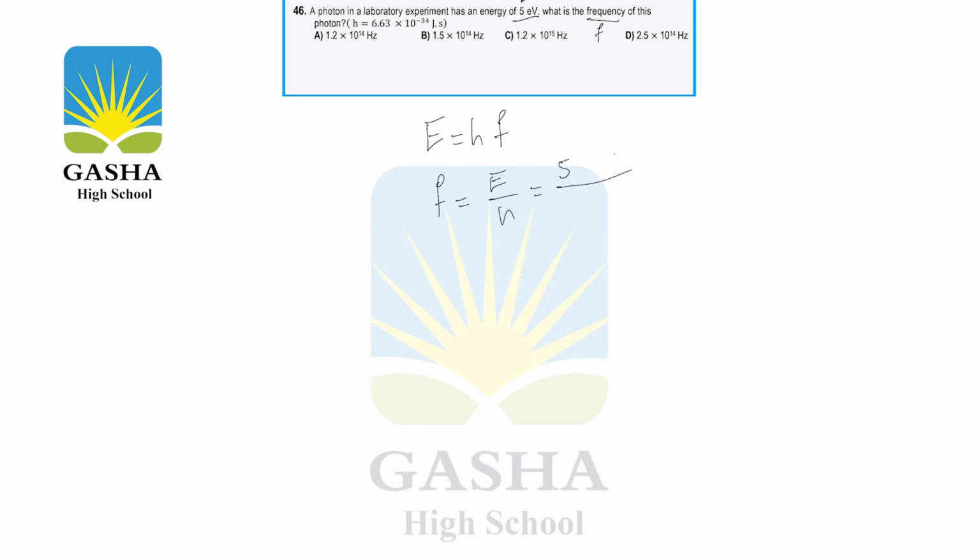Let us convert it into joule, that's times 1.6 times 10 to the power negative 19, divided by Planck constant, which is 6.63 times 10 to the power negative 34. And the result will be equal to 1.2 times 10 to the power 15 hertz. And that is C in the answers. And C is the correct answer.